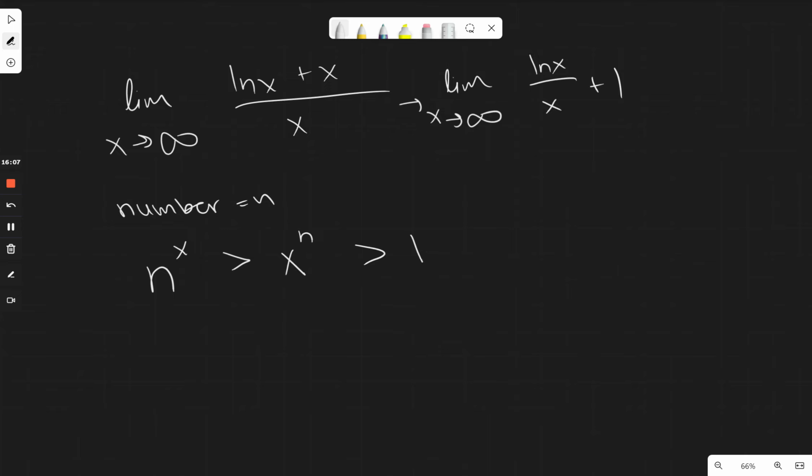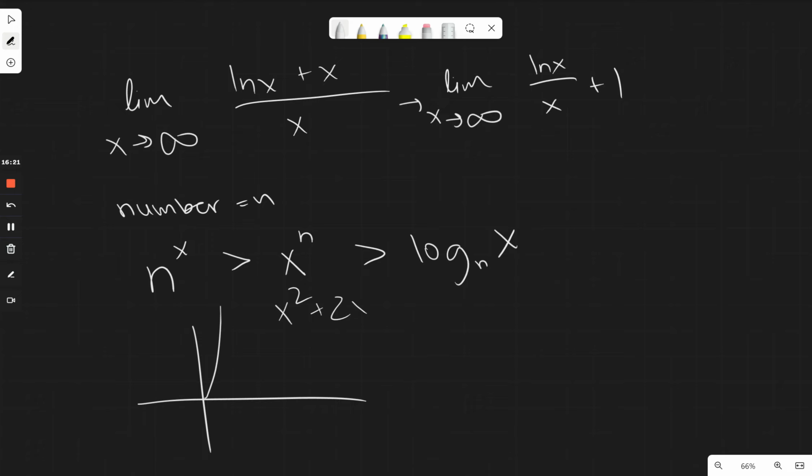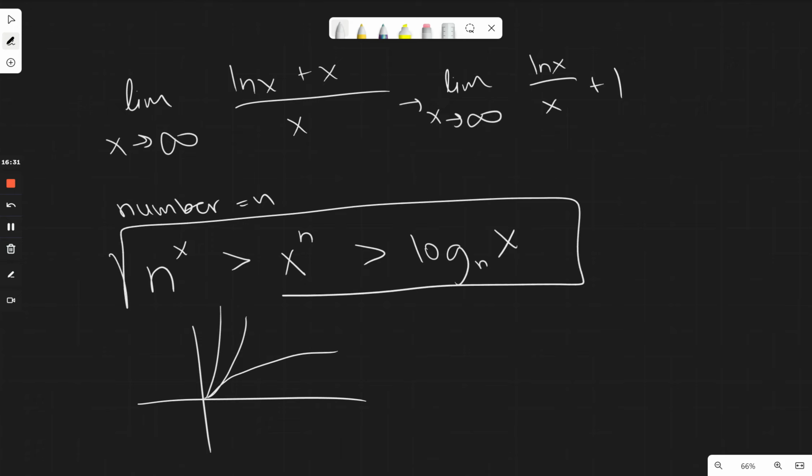And that is always going to grow faster than log base a number of x. So n to the x, like 2 to the x, grows so fast. x to the n, kind of like a parabola, x squared plus 2x or whatever, grows at a slower rate. And log base n of x grows even slower. It goes so slowly, right? So this is the kind of hierarchy you want to think of.